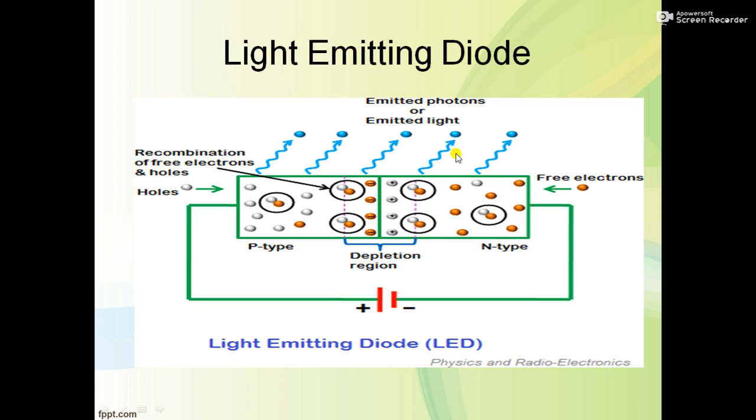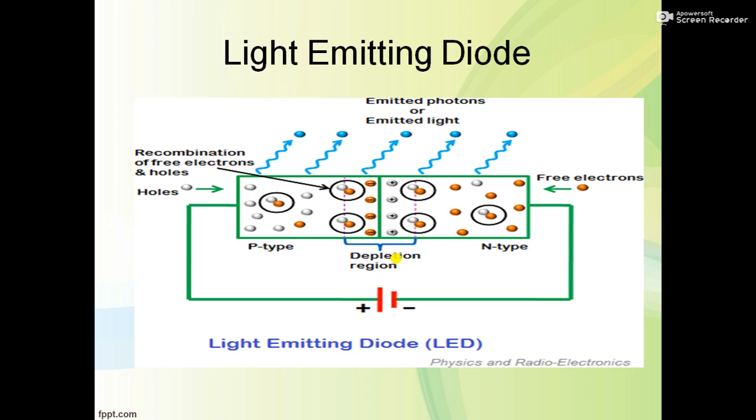So this is how the light emitting diode operates. One thing you should remember is that in the light emitting diode, we are applying a positive external DC voltage to operate this LED. Already we discussed the photodiode.